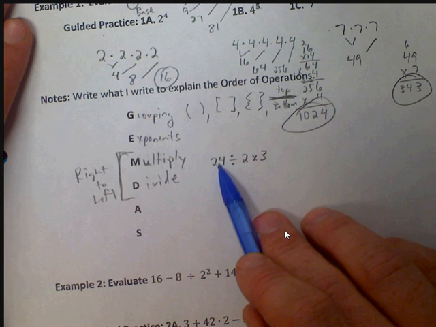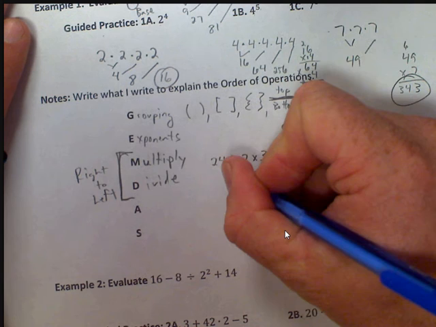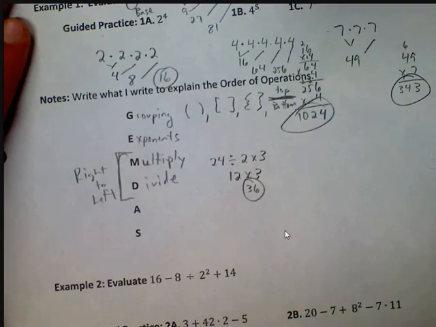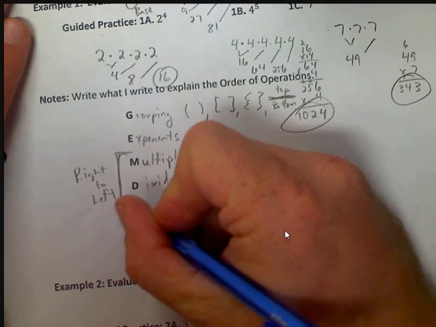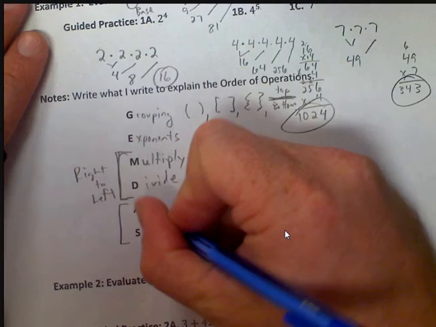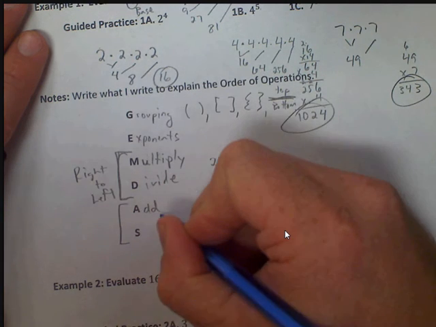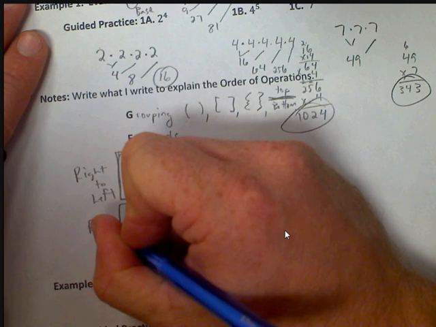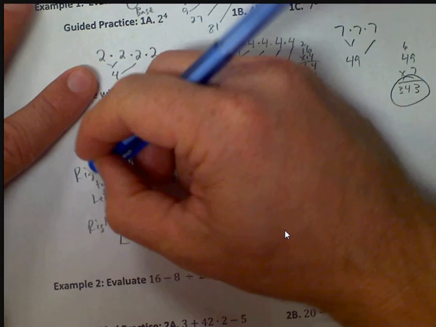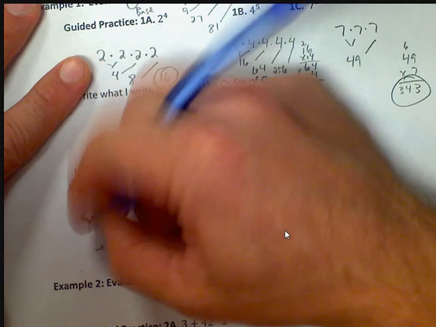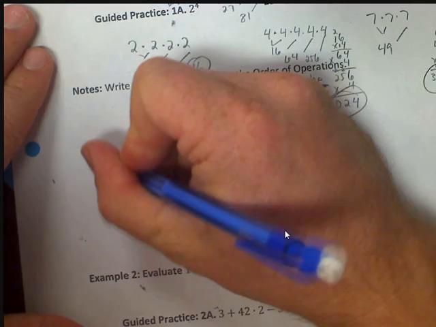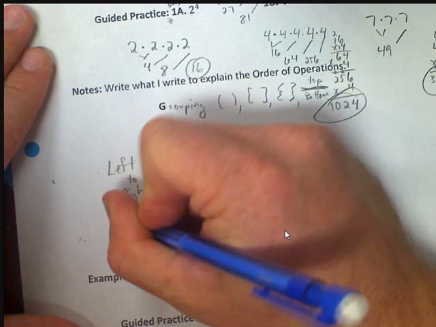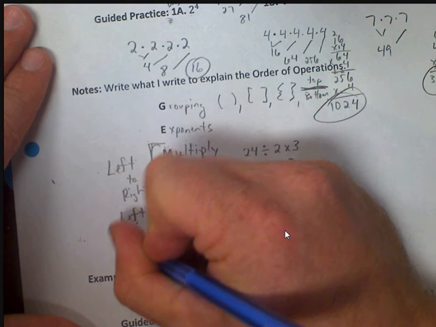We would actually take 24 divided by 2, 12 times 3, 36. Same thing with adding and subtracting. So add, subtract, and we must go from left, sorry, I wrote right to left. I apologize. Left to right.